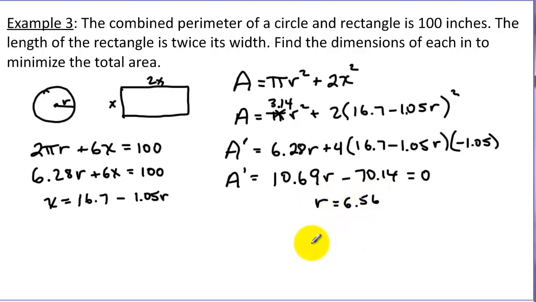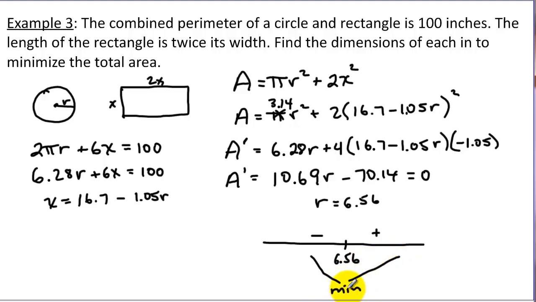If we organize that on a number line, if I put 1 into here, I get a negative number. And if I put a big number for r, I'm going to get positive. So we can see here we're decreasing, increasing. So this number is in fact a min. So my radius is 6.56. I've got to put that number over here and calculate my x.